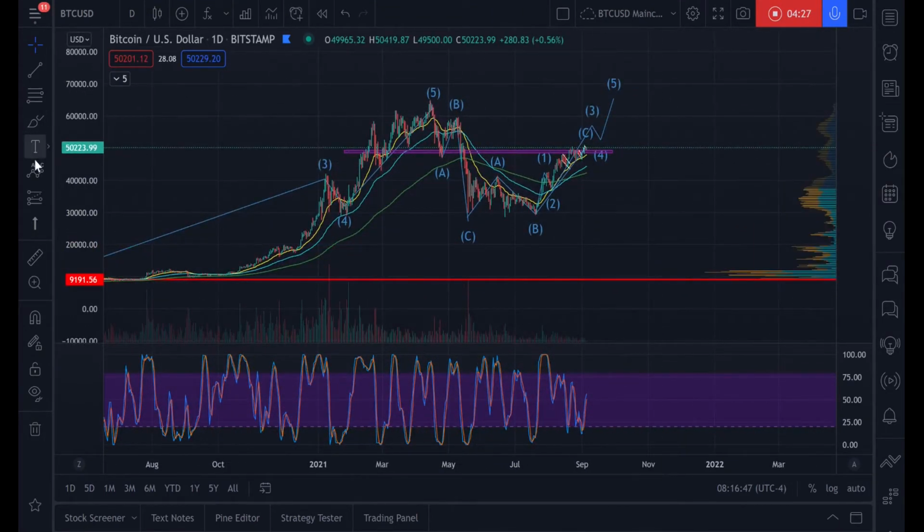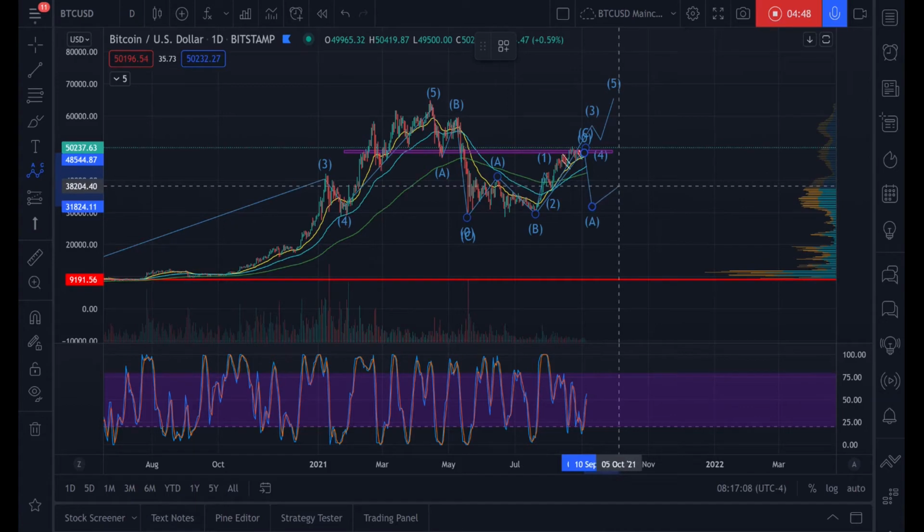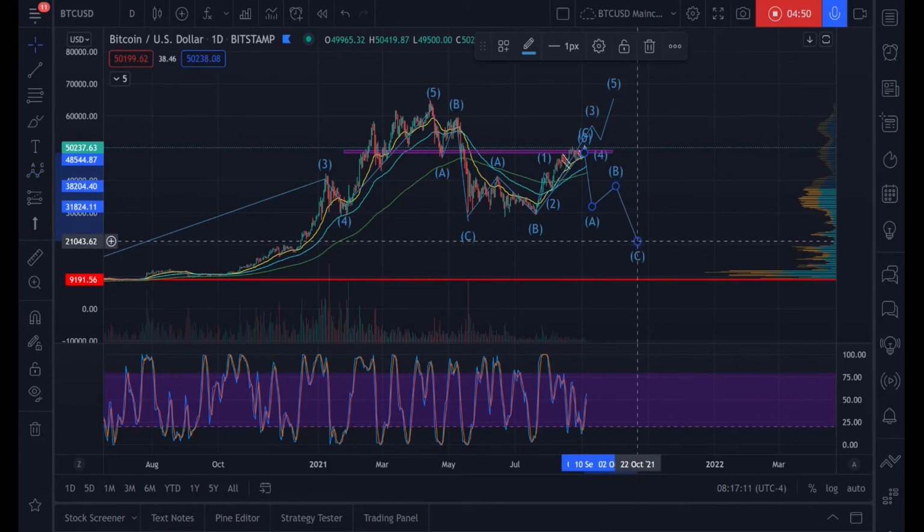The C wave, remember, moves in 5. While the A and the B corrections are ABC, the C wave is meant to go in 5. So it would be longer, first of all, than the A wave, and it would go in 5 waves.